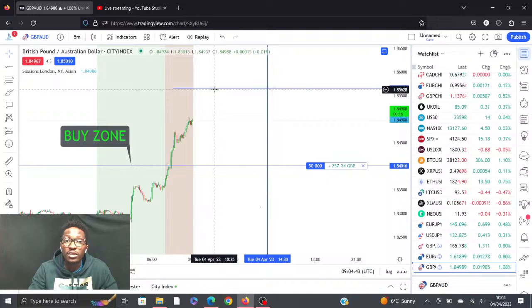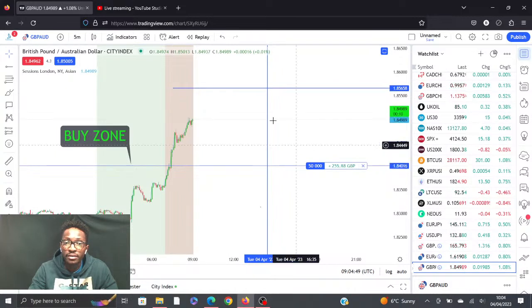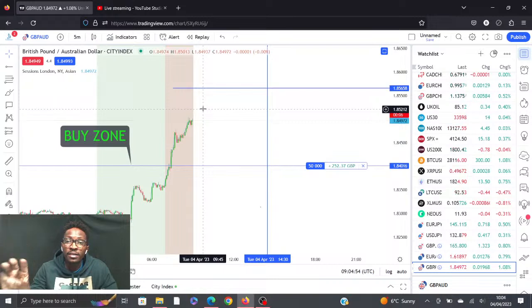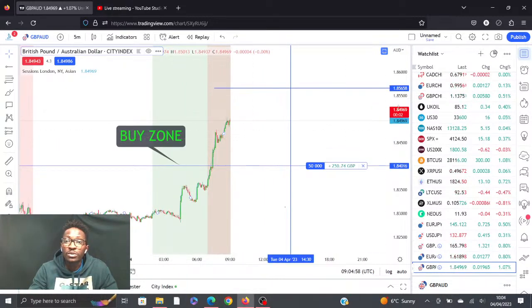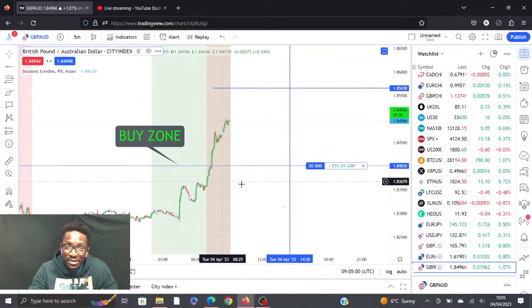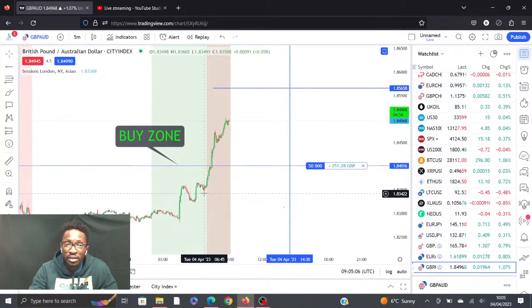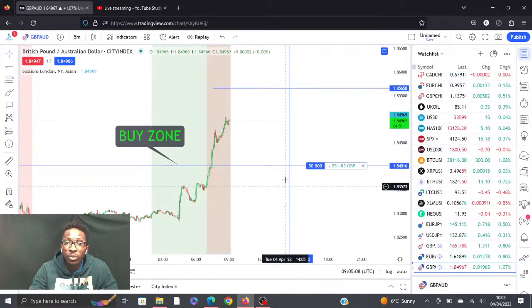Before New York session opening, I will be exiting my position. I will be closing this one position that I have. So those are the 3 scenarios, guys, in terms of how I'm gonna approach this particular day trading strategy. These are the things that I look forward to, and the market will do one of those things.